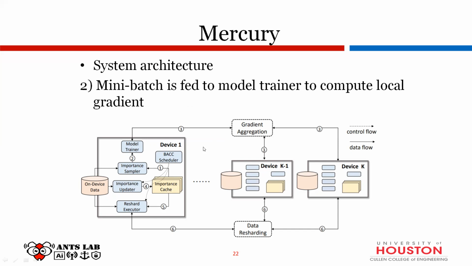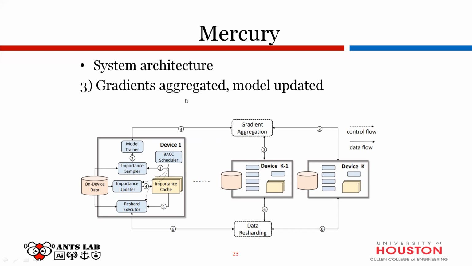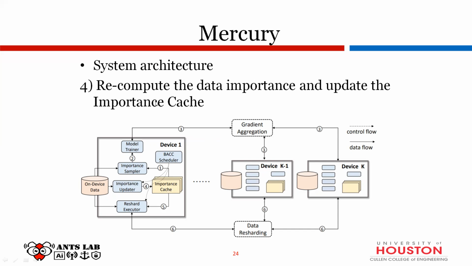Next, the mini-batch is fed to the model trainer to compute the local gradient, which is located here. In the third step, the gradients are aggregated and the models are updated. Then they recompute the data importance and update the importance cache, right here. This is where they update the importance distribution of the data.